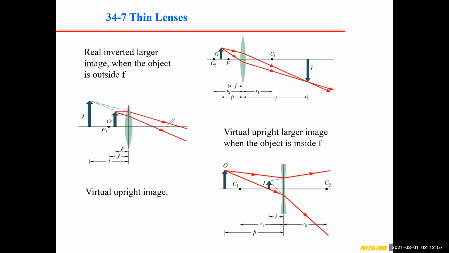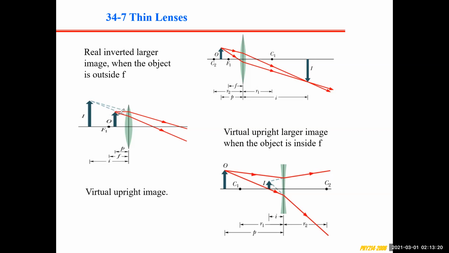So here are additional examples to show you how the images are formed using the different kinds of lens. So let's say you have a convergent lens. You place the object inside the focal point, and let's see how the image is formed. So you send a parallel light ray, and the parallel light ray has to go through the focal point, and it's bent toward the central axis.